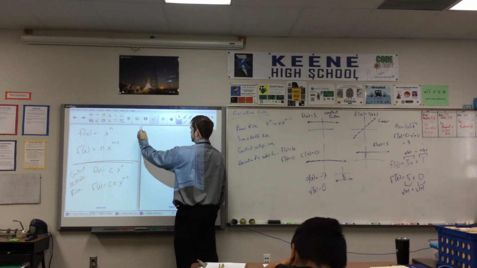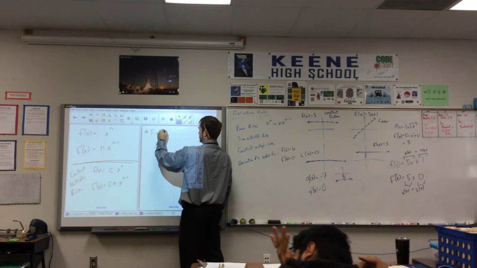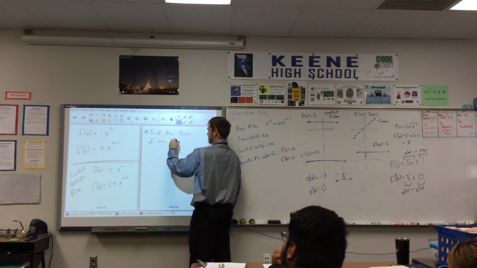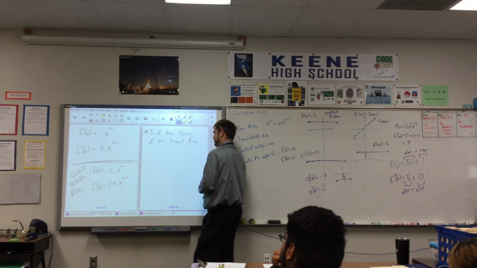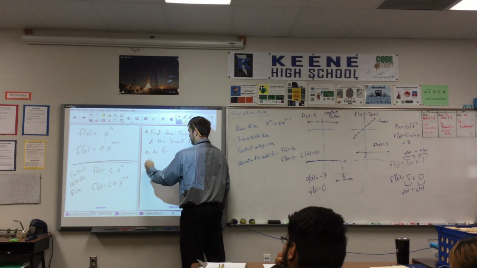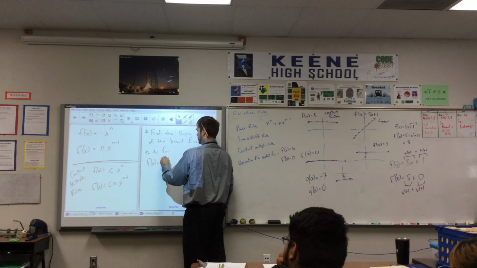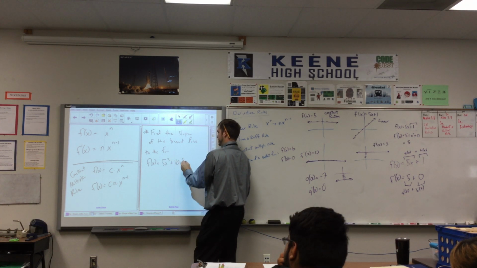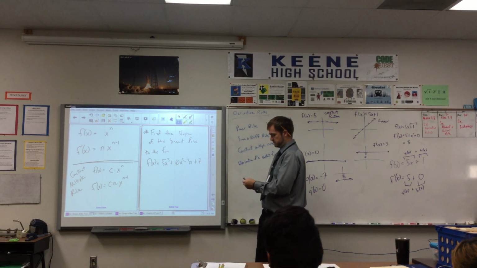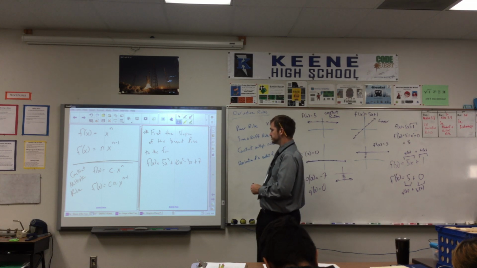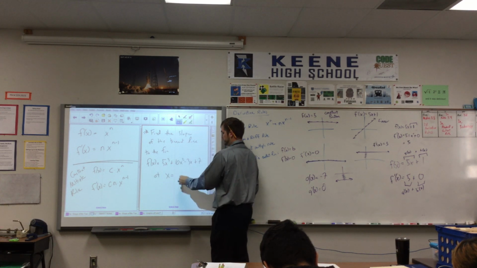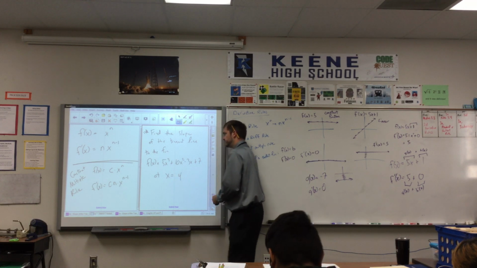Let's say there's a question that says, find the slope of the tangent line to the function f of x equals 5x cubed plus 10x squared minus 3x plus 7 at x equals 4.